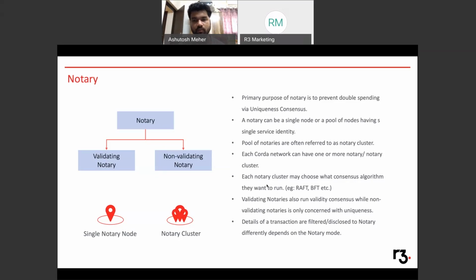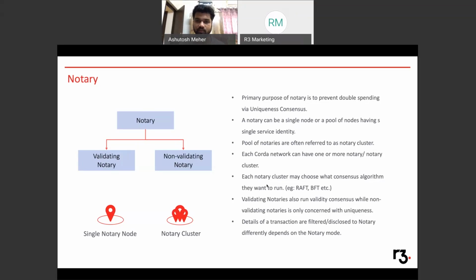But if you want to know more about that, just contact me on Corda public Slack, and I'll give you the information about how a non-validating notary actually checks for double spend of a transaction without even looking at the content of the transaction. But the point to remember here is that the non-validating notary will not look at the content of the transaction, and the transaction that is sent to it for notarization is actually a filtered transaction.